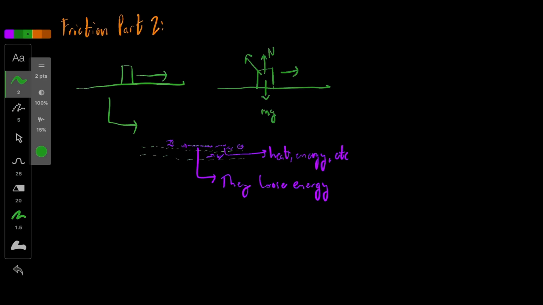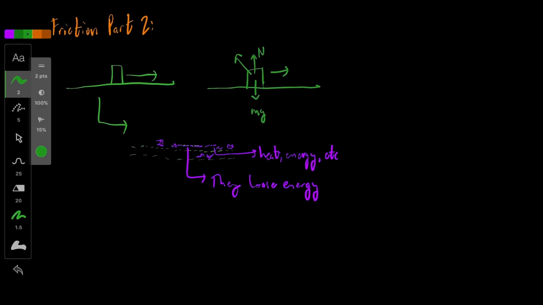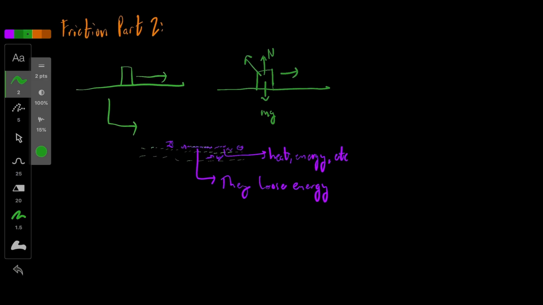Now, where does friction come into all of this, you might ask? If you watched my last video, you might remember that our friction formula, force of friction, is the coefficient of friction times the normal force.